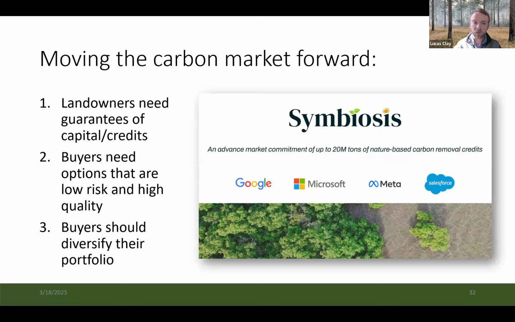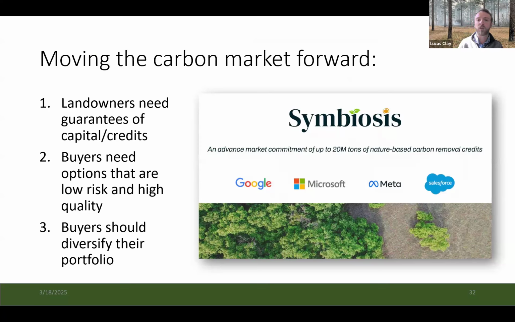So I just want to kind of finish up here with an example of how this market is moving forward. So the ability to actually move this market forward where we stand today is that we need a couple things. Landowners need guarantees of capital and the ability to sell credits so that they can feel confident moving forward in this market. And buyers need options that are low risk and high quality.